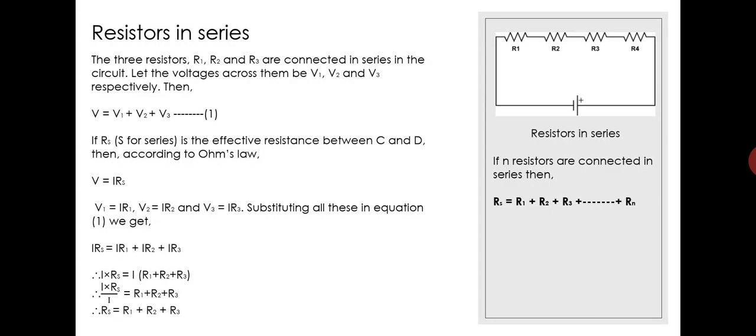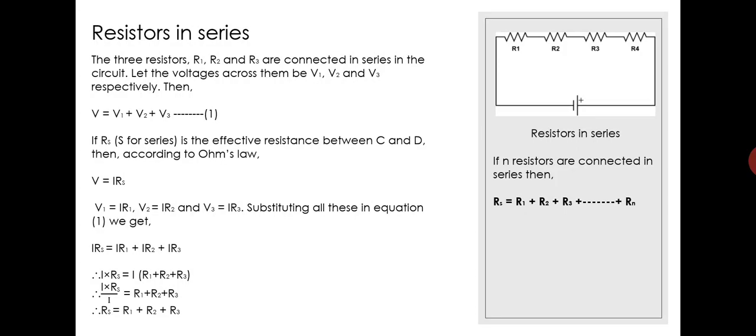The three resistors R1, R2 and R3 are connected in series in the circuit. Let the voltages across them be V1, V2 and V3 respectively. Then V is given by V1 plus V2 plus V3. Let this be equation number 1.